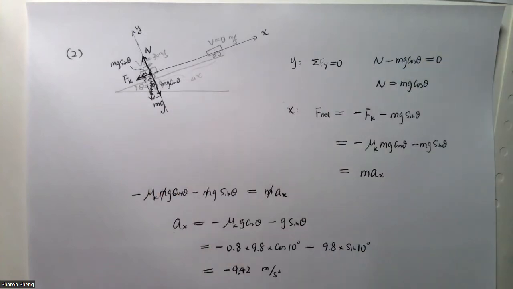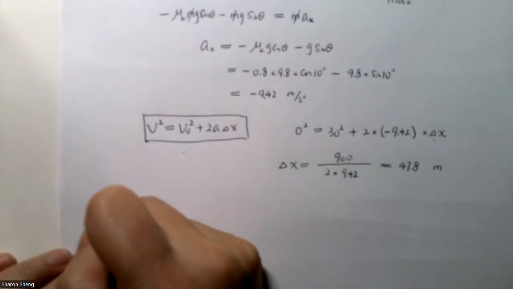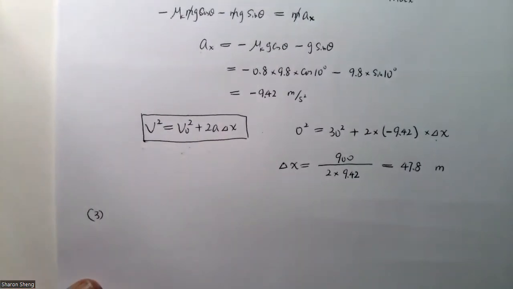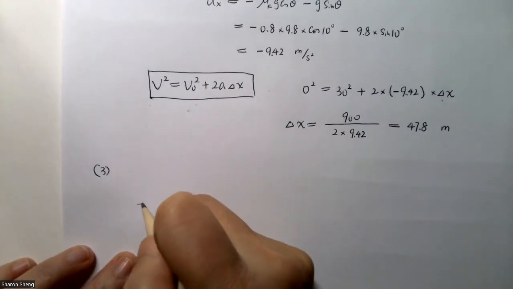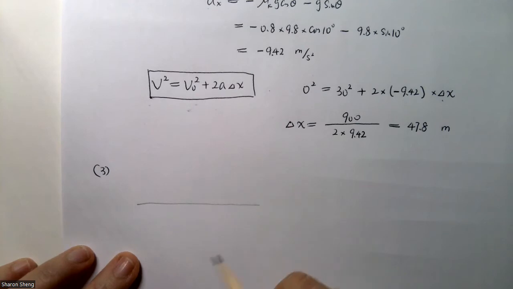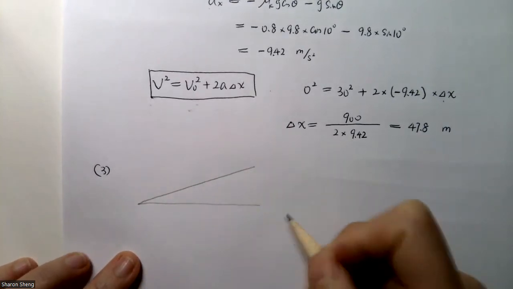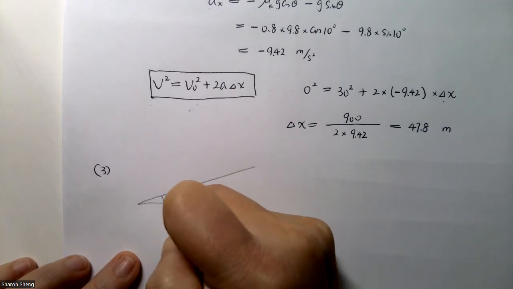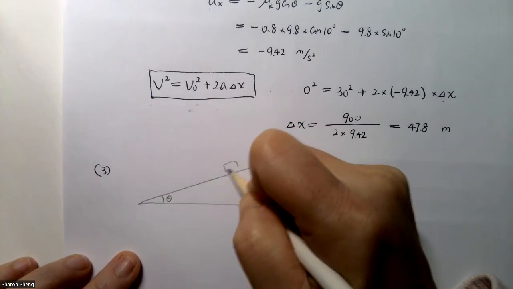This is moving up. Okay, so now let's see the third case. Same thing. What if the car is moving downward? Will we get a similar answer or not? So still, this is the same slope right here. The angle is theta. Now, because it is moving down, that will be the initial position.